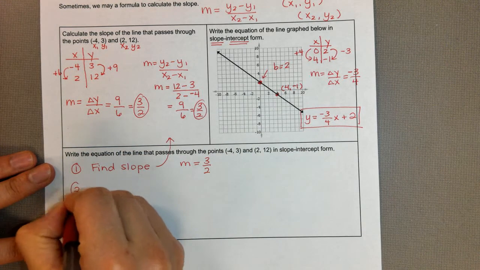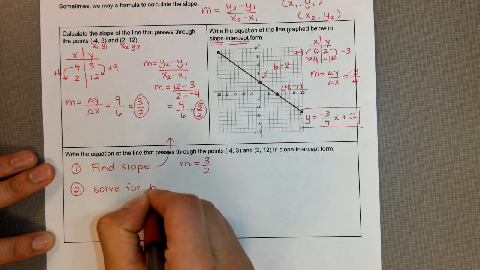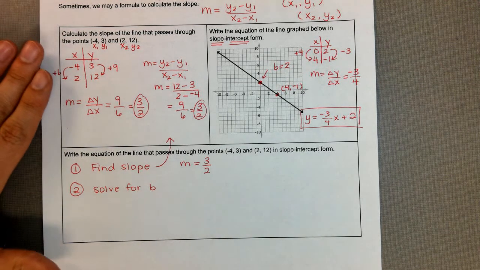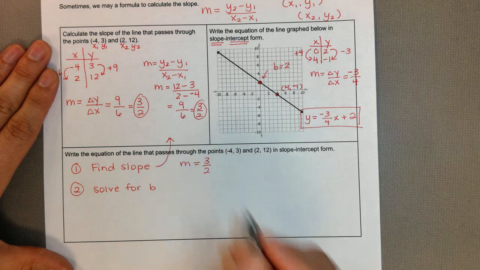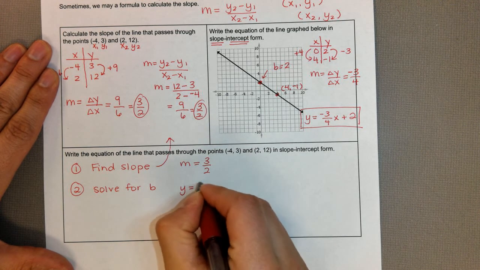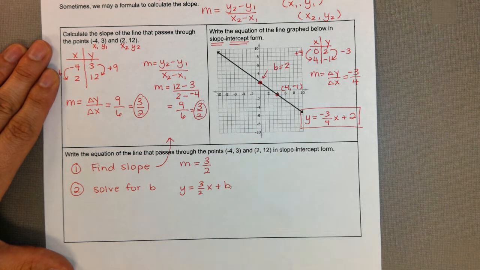The second thing we need to do is solve for b. And the way that we do that is that so far, I know my equation will look like y equals mx plus b, but I know m. So I have y equals 3 halves x plus b, and I want to know what b is.